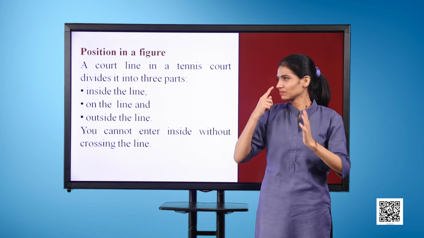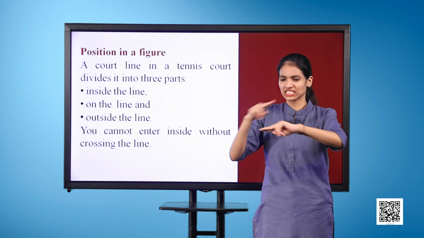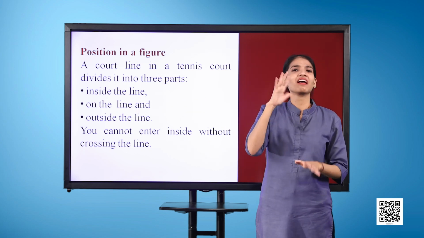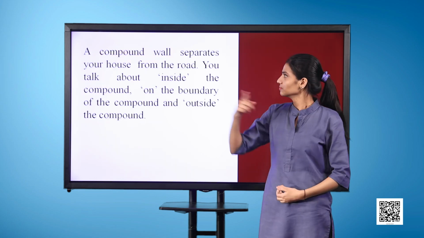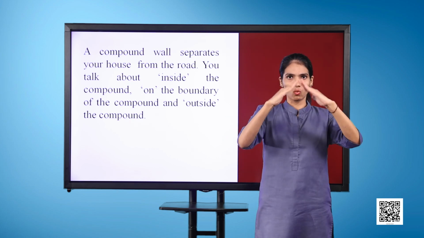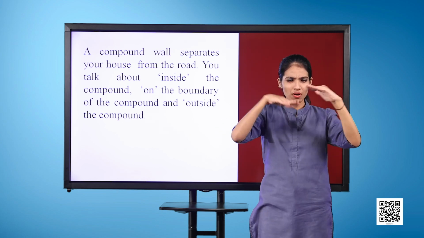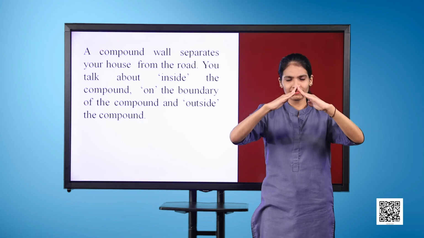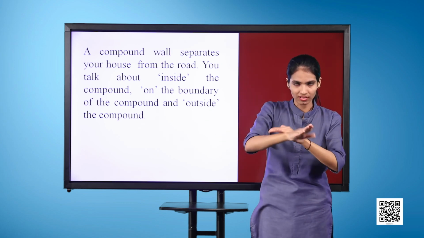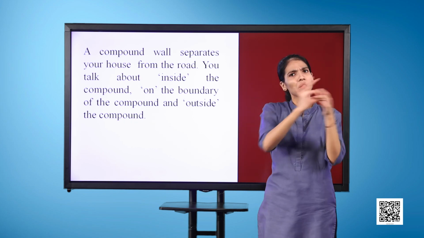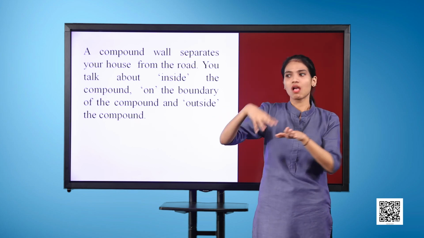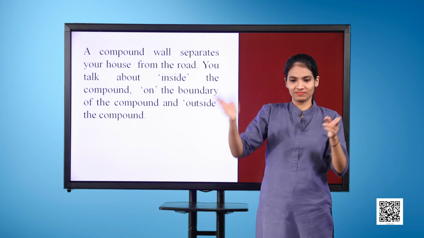You cannot enter inside without crossing the line. A compound wall separates your house from the road. You talk about inside the compound, on the boundary of the compound, and outside the compound.